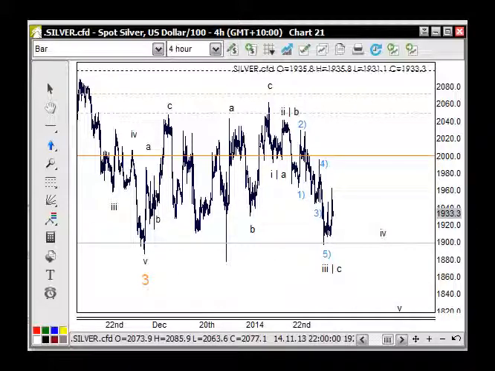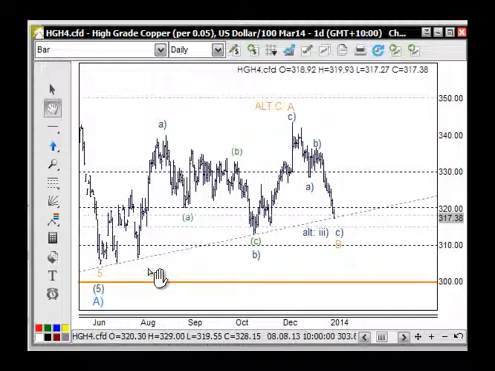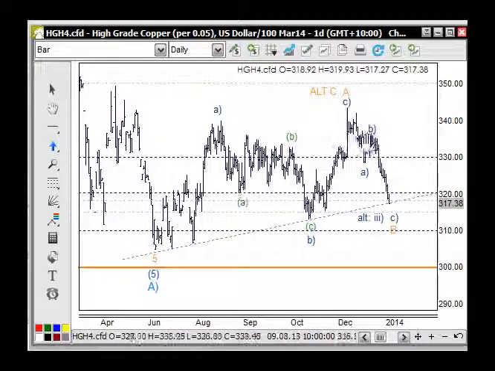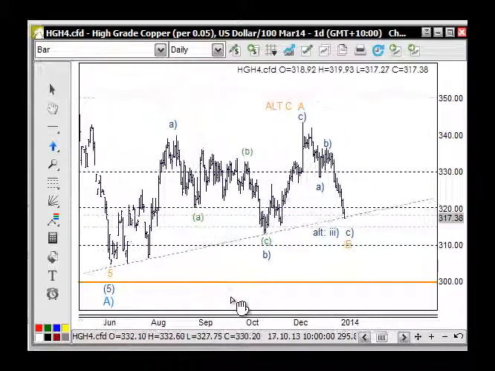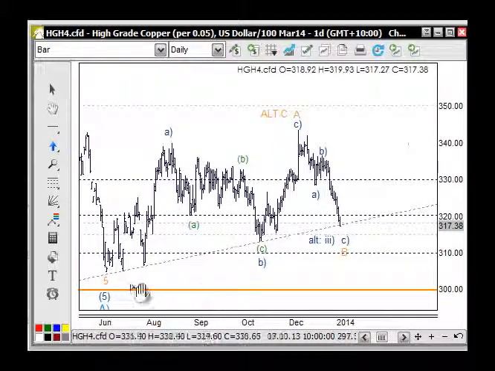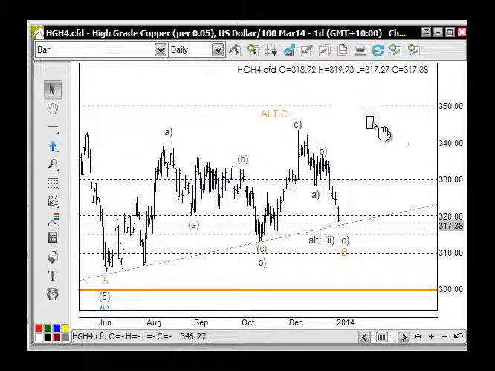So, the copper market's pretty bearish as well. We'd always known that it was a corrective pattern here on the daily chart, and eventually this low here would be taken out. It's just about how it's going to do that in terms of an A wave, a B wave, and a C wave here. And if that's the case, then this A wave won't be here.